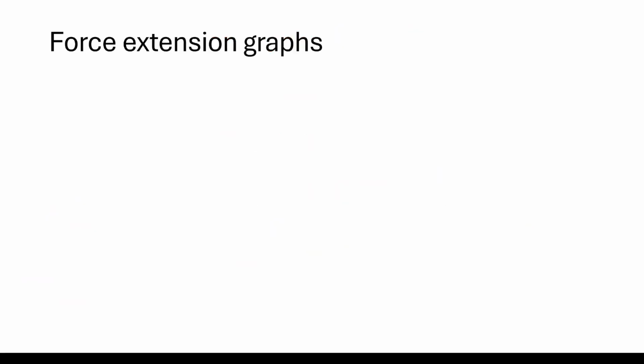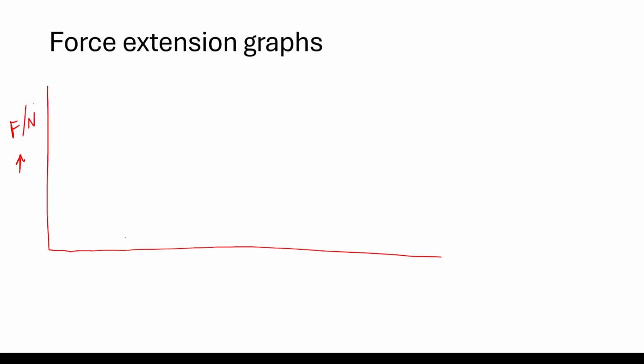Now, by doing a setup in the lab, you can add forces on the spring, measure the extension and draw the graph. So if I draw a graph between force in newtons and extension in meters, I'm doing it very carefully because this is a graph that you need to understand very well.